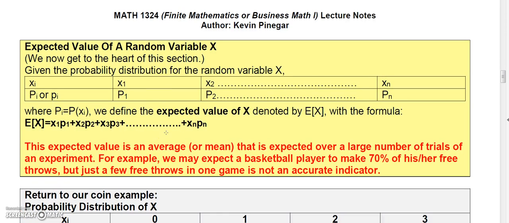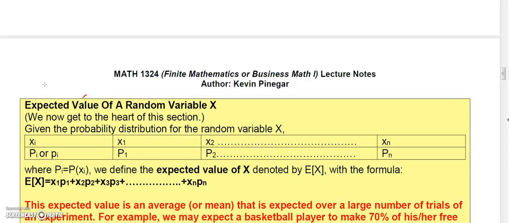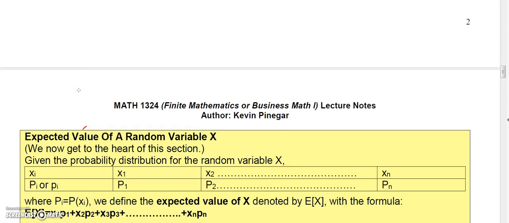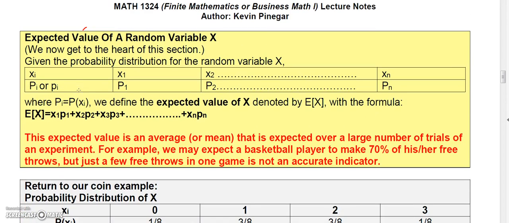And so that's the probability distribution. Now, we're going to introduce something called the expected value of a random variable. Once you have this probability distribution, it's very easy to get the expected value of your random variable. Another word for expected value is mean or average.